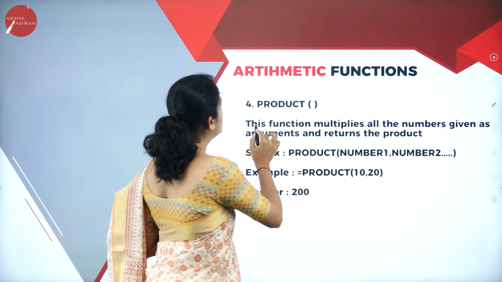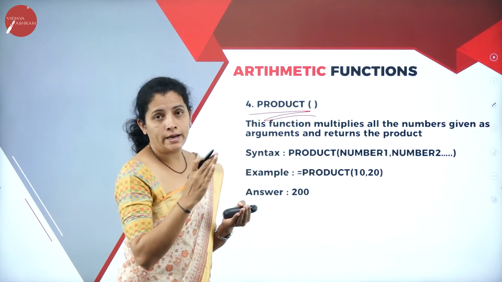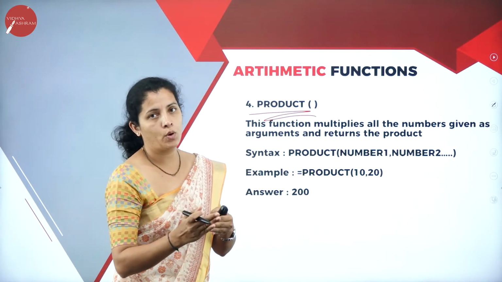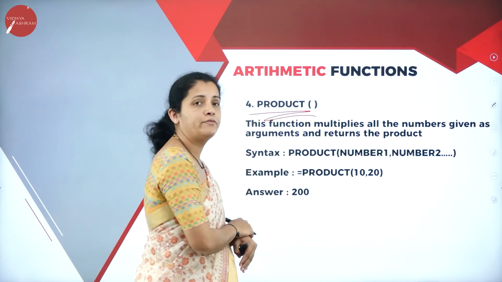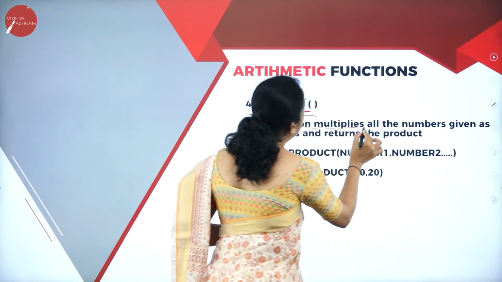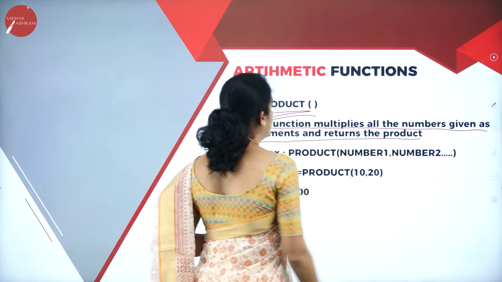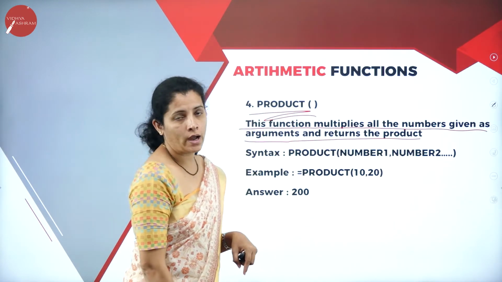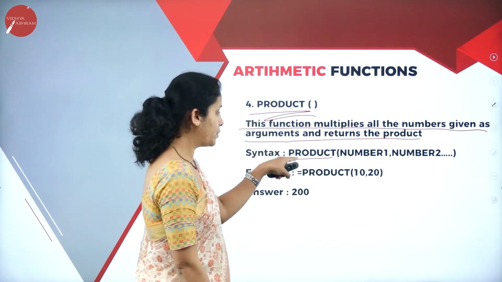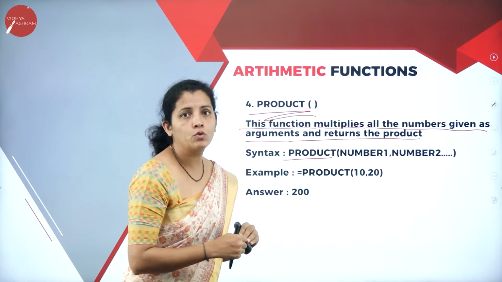Moving further, I'm going to have the function called product. Suppose I want to multiply two numbers; after multiplying, I get the product. To get the product, I use the function called product. This function multiplies all the numbers given as arguments and returns the product. The syntax is the function name product, and I pass the arguments, that is, how many numbers I want to multiply.